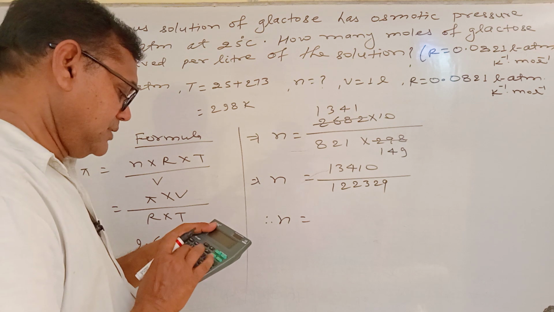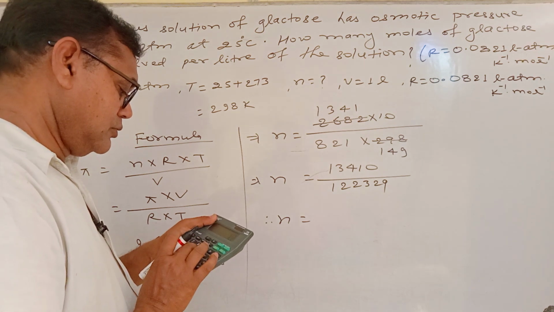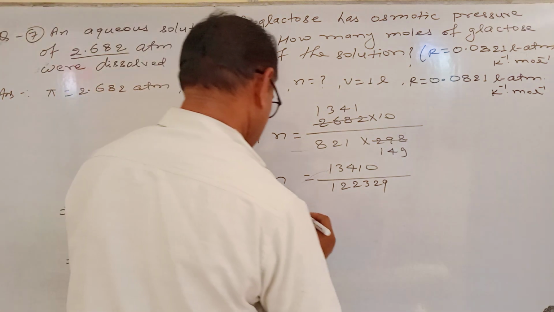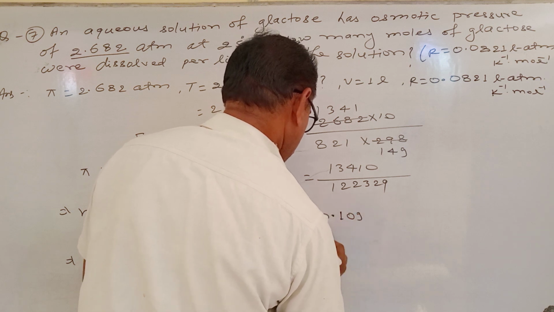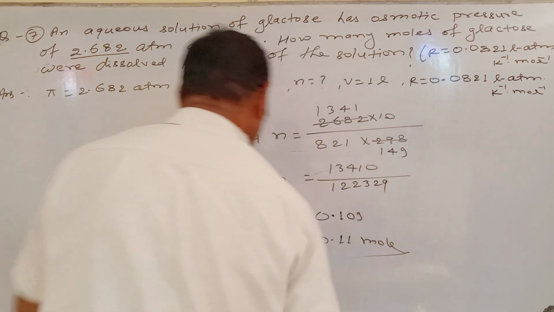One three four 10 divided by 122 329. It is the answer.